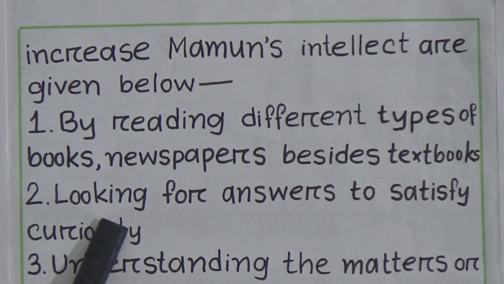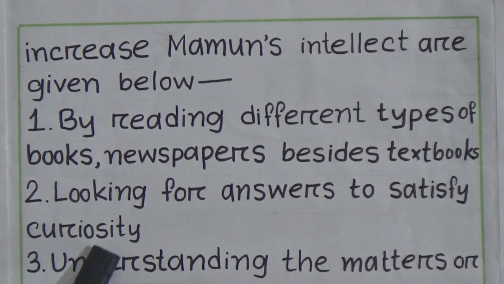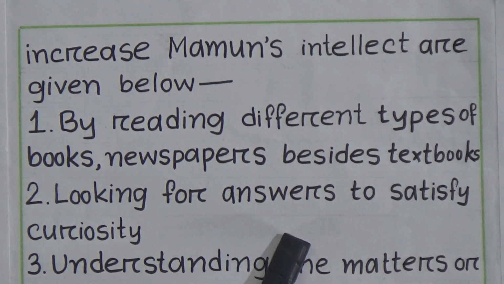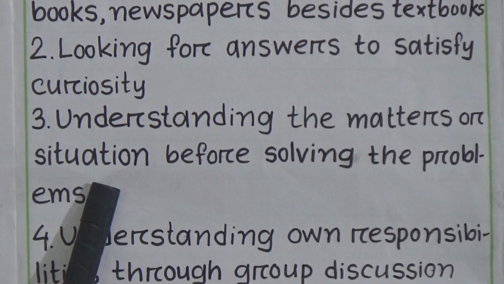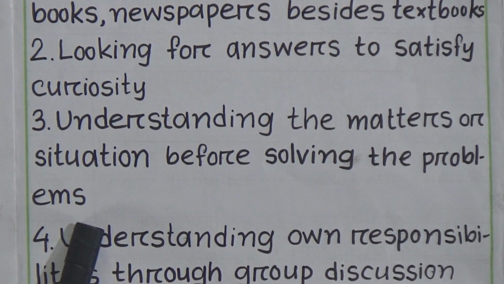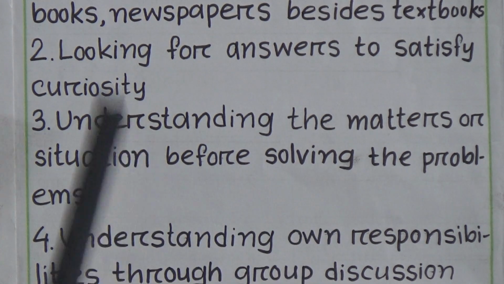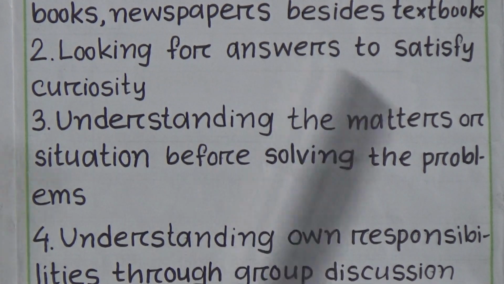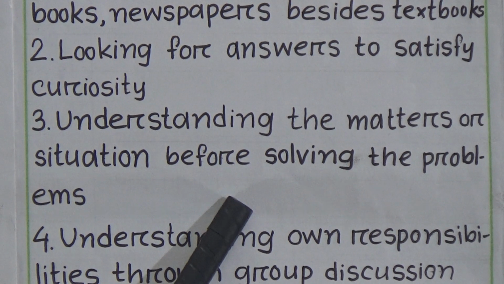Number 2, looking for answers to satisfy curiosity. When Mamun is curious, he must look for answers. Number 3, understanding the matters or situation before solving the problems. When Mamun solves any problem, he has to think properly before solving it, because without thinking no problem can be solved properly.